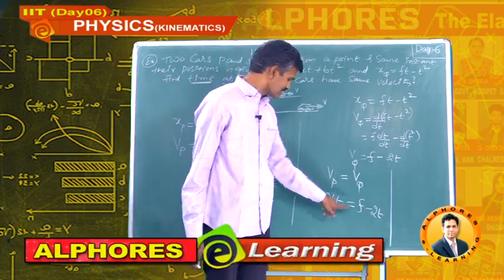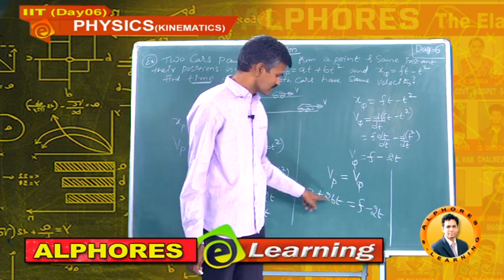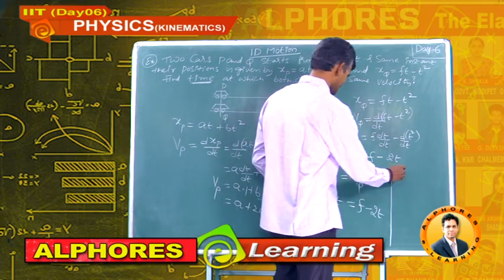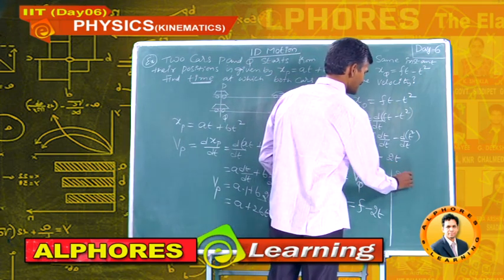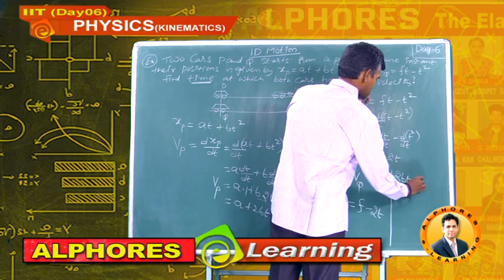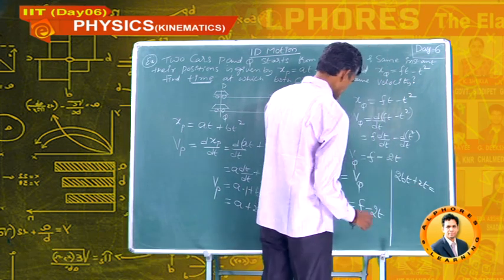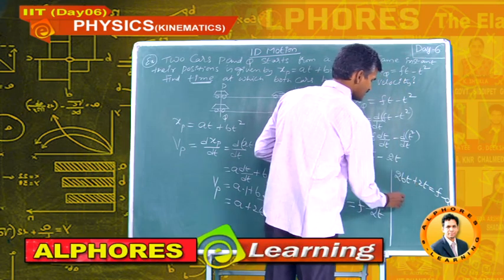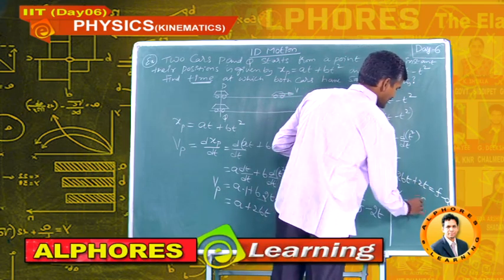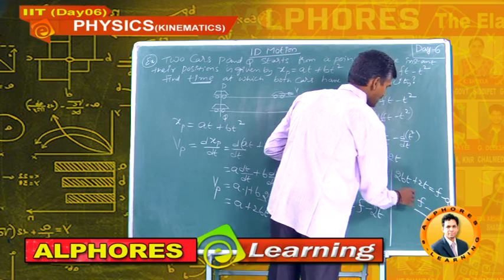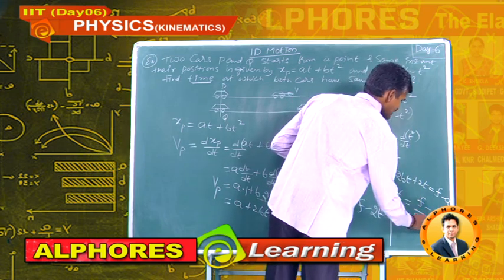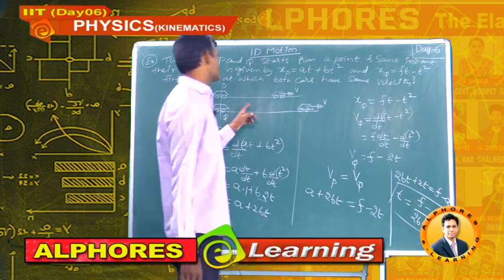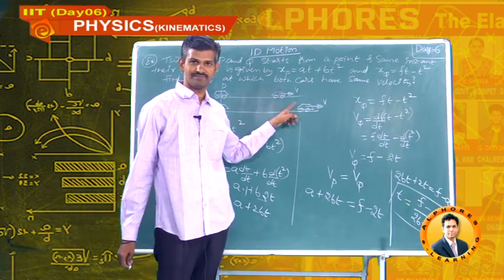F is a constant, A is a constant, so taking this 2t to the left, we get 2bt plus 2t is equal to F minus A. On taking t common, we can calculate t equal to F minus A by 2b plus 2. This is the time where both cars have the same velocity.